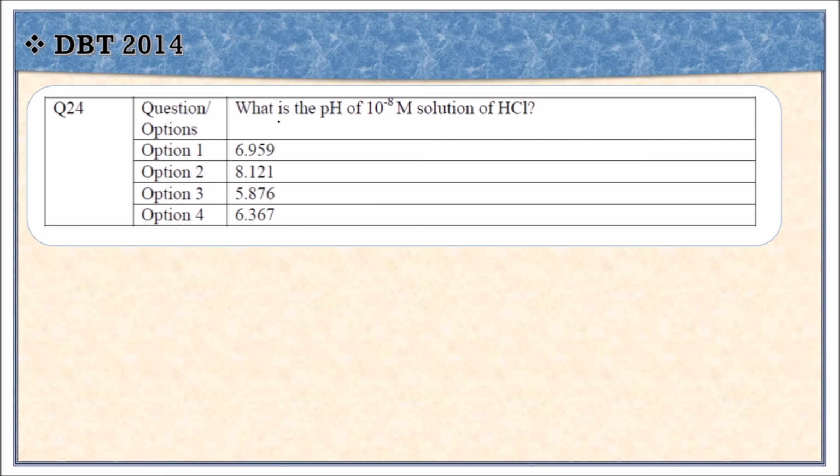Now we have to find out what is the pH of 10 to the power minus 8 molar solution of HCl. See, this question is not easy. It is a difficult question, but I will try to explain it in an easy way.